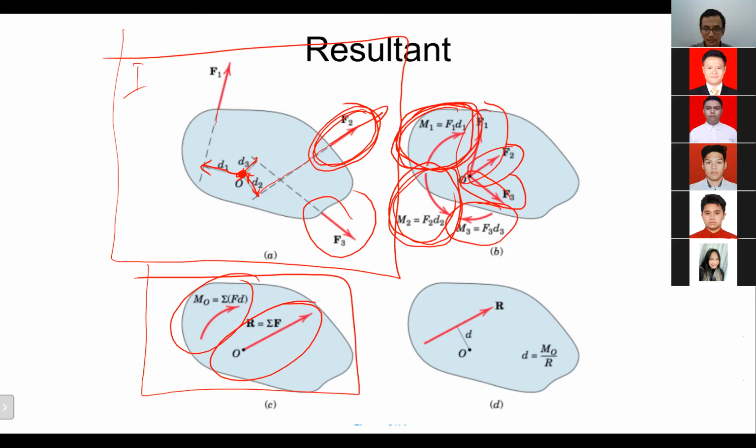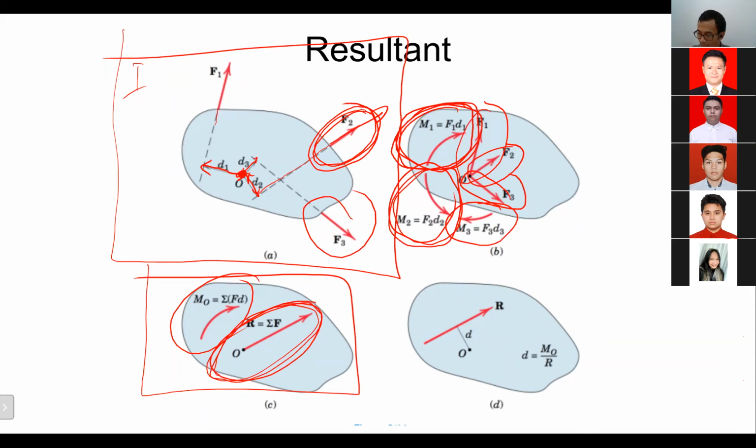Okay. Now, how about the resultant of the force? How can we get that direction from F1, F2, and F3? Referring to the first one, this one is the resultant of the force, right? It's supposed to be coming from F1, F2, and F3.